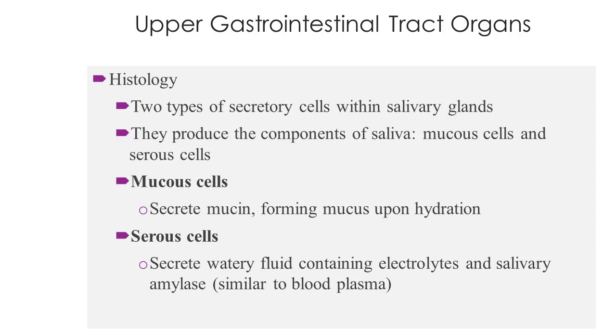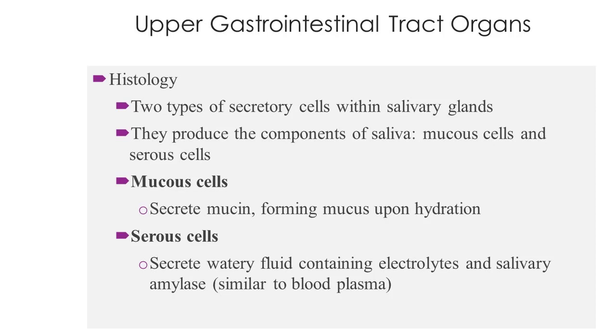Serum. In the serum of our blood, what is one component that we have a lot of in our serum? We got a lot of water. Electrolytes. Albumin. What kind of molecule is albumin? Protein. The serous cells produce proteins and basically enzymes.